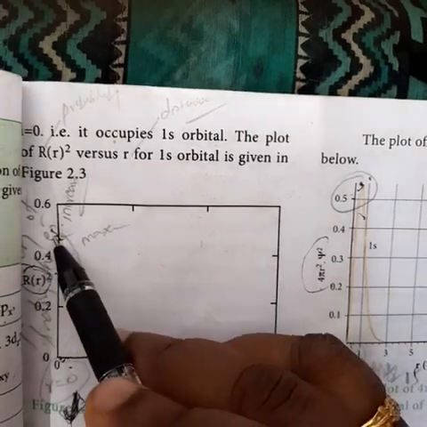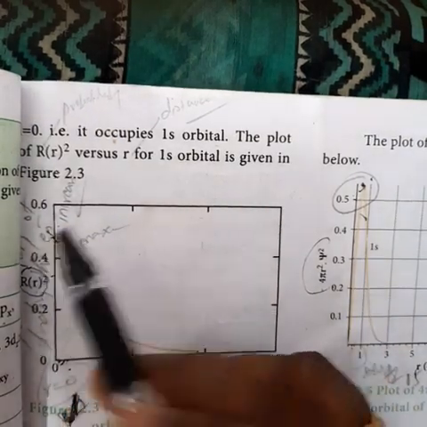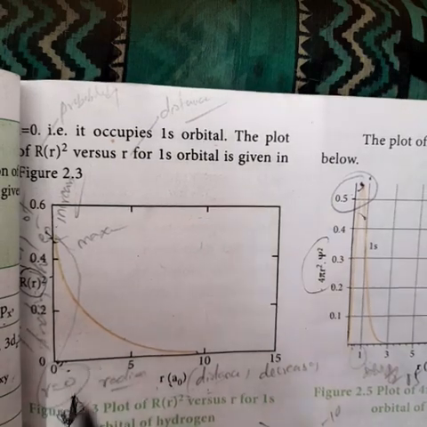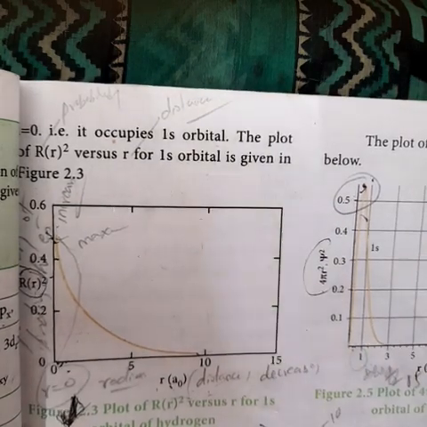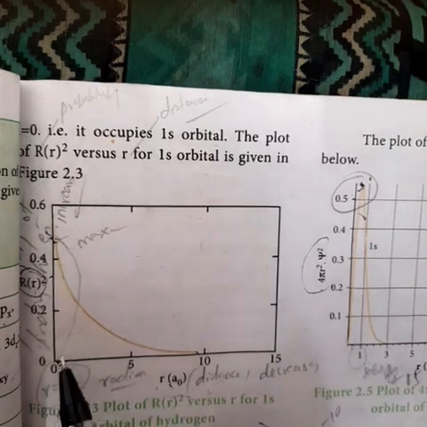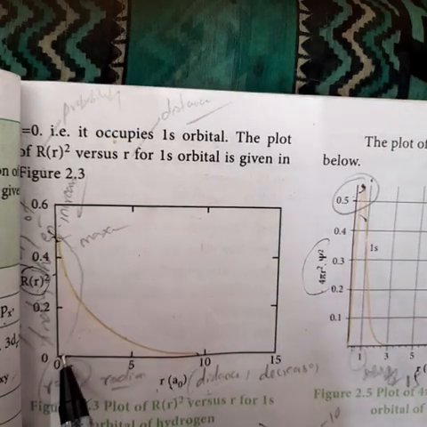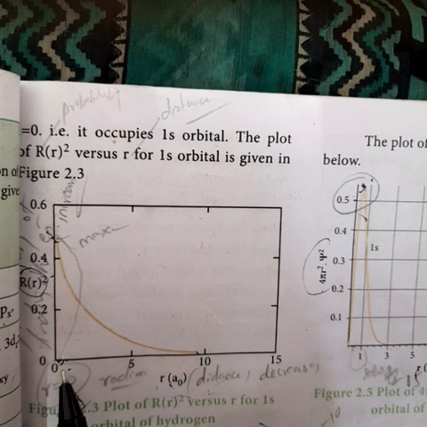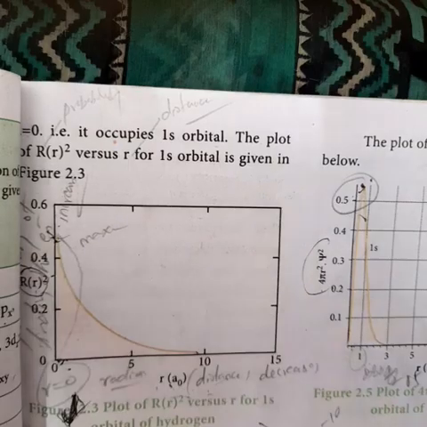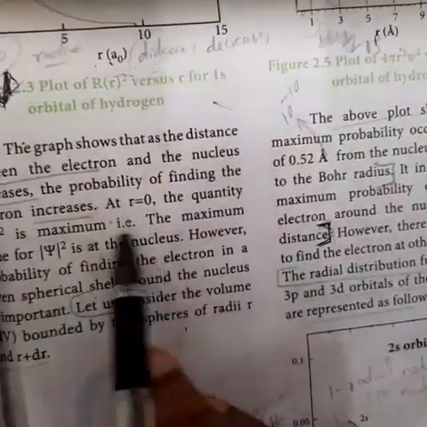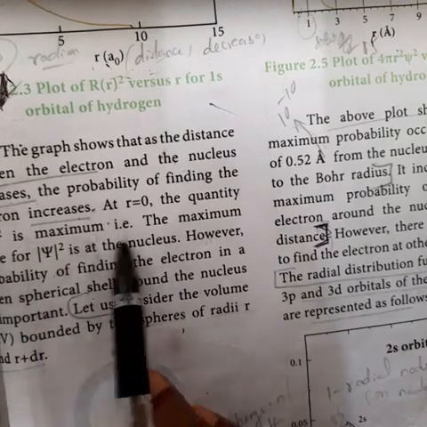Okay, the graph shows that as the distance between the electron and the nucleus decreases, the probability of finding the electron increases. Okay, what does this graph show? It shows that the distance between the nucleus and the electron, the probability of electrons, increases to a maximum. Okay, at r equal to 0, the quantity ψ², which indicates the probability of electrons, is maximum.